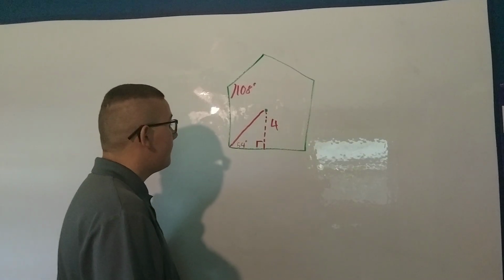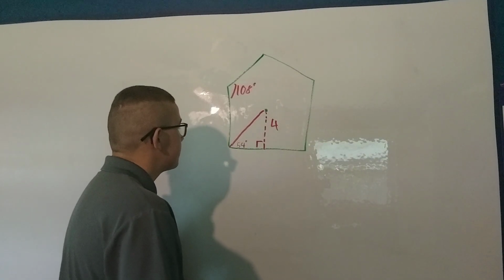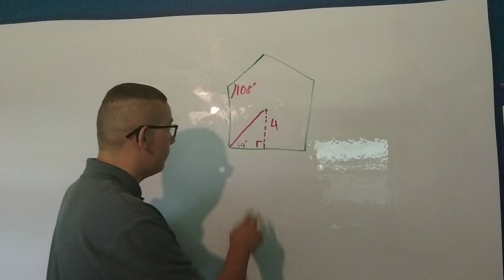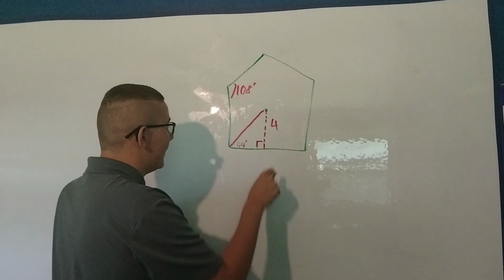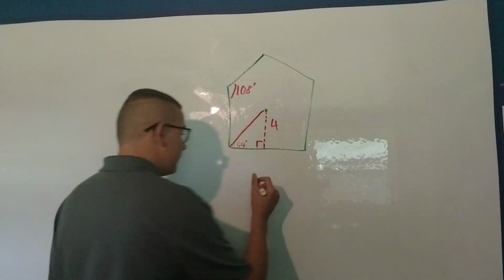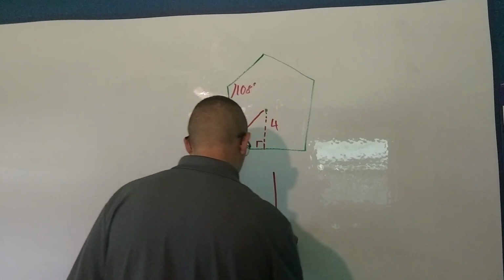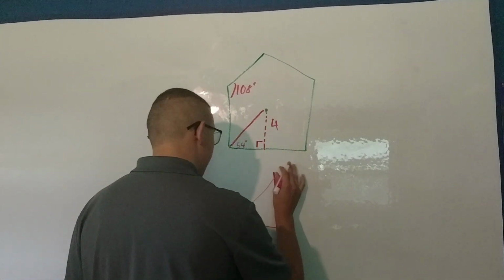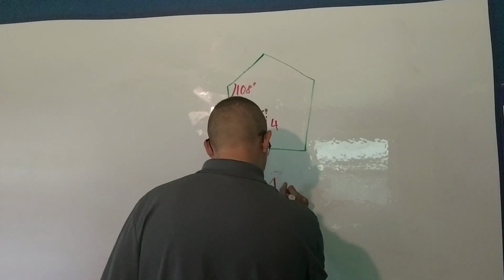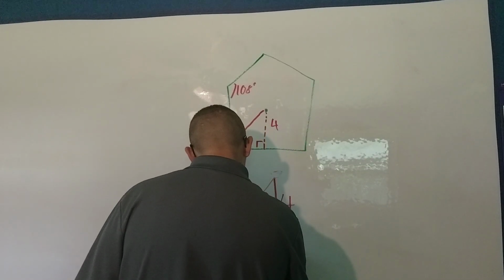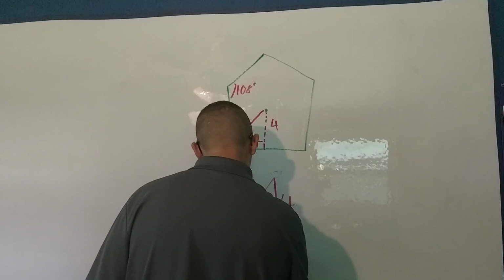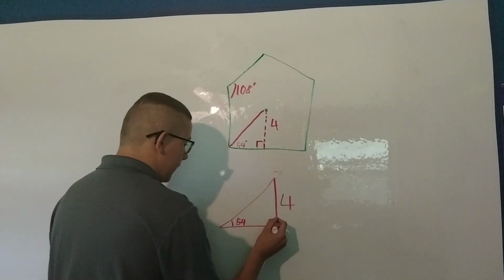And now with that, we can solve for this side right here. So again, if I pull this triangle out, just to make it a bit easier to look at, we know this is 4 and 54, like that.